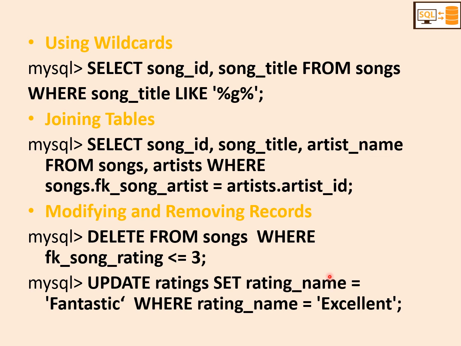We specify rating name as fantastic, and the change should be applied to all the records having the data value excellent. So excellent is replaced with the term fantastic. All the records in the rating table whose rating name has the data excellent are replaced with fantastic data.